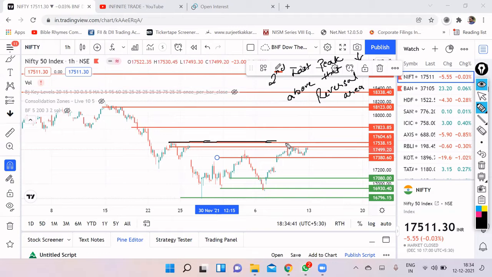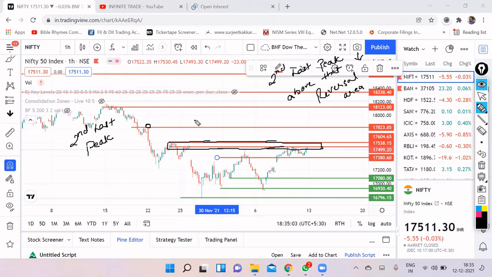You can also mark a zone something like this. So this area is going to be your second last peak.